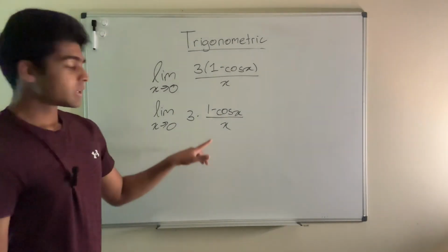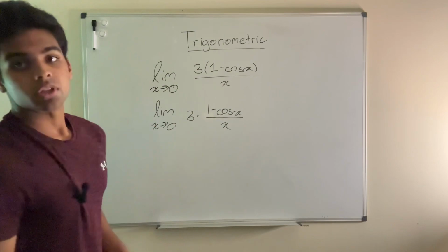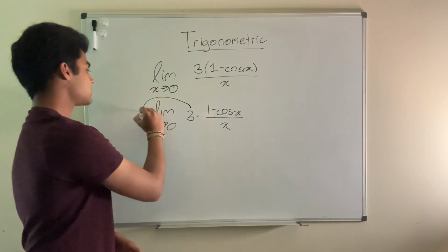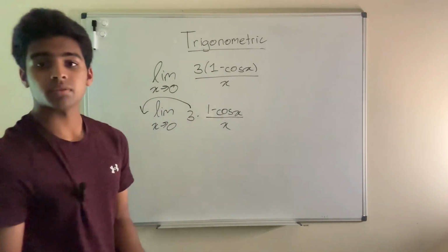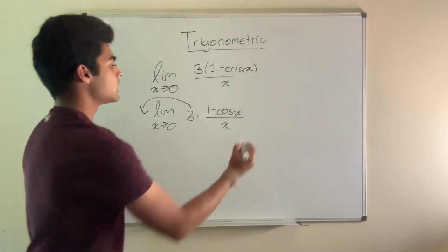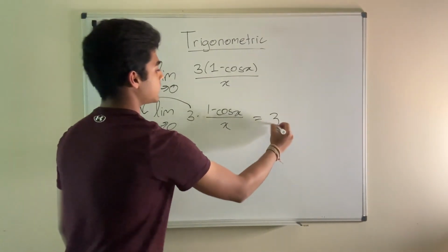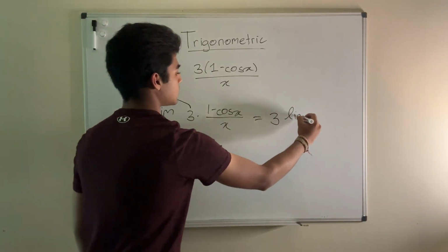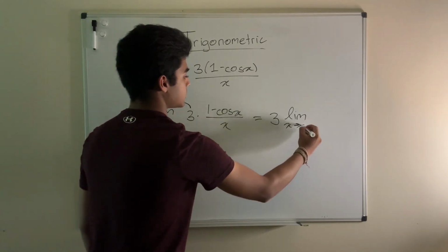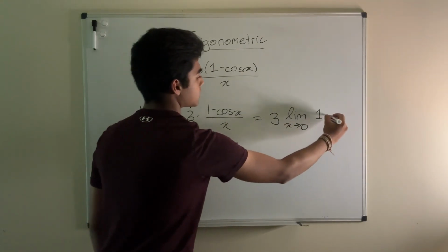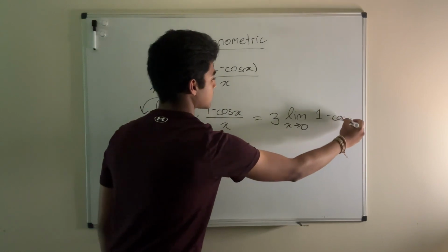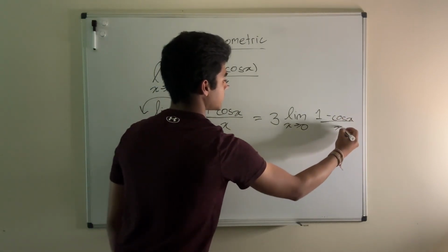Now again, we can bring this 3 outside because it's a constant multiplying the function, and then we would be left with 3 times the limit as x approaches 0 of 1 minus cosine x all over x.